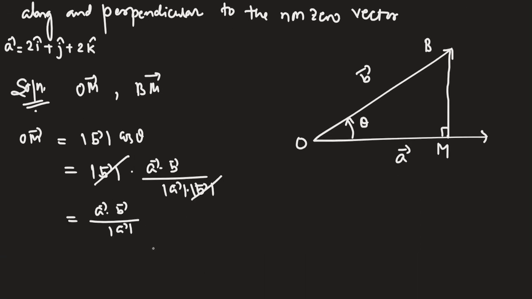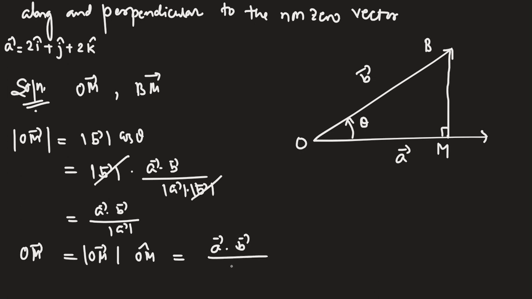So this is the OM length. But our target is the vector, so OM vector is equal to length of OM times OM cap. Here the length of OM is A dot B divided by mod of A, and OM vector means A cap, we are talking about A cap.